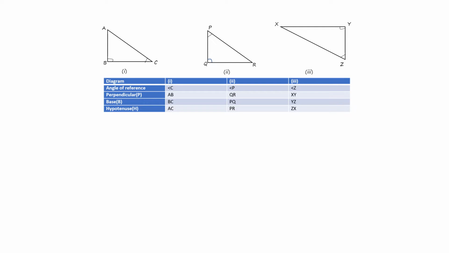The base is the side adjacent to the angle P, that means PQ is the base, and as usual hypotenuse is the side opposite to right angle, that means opposite to angle Q, which is PR. So hypotenuse is PR. In diagram 3, if we take Z as the angle of reference, XY is perpendicular, YZ is base, and ZX is the hypotenuse.